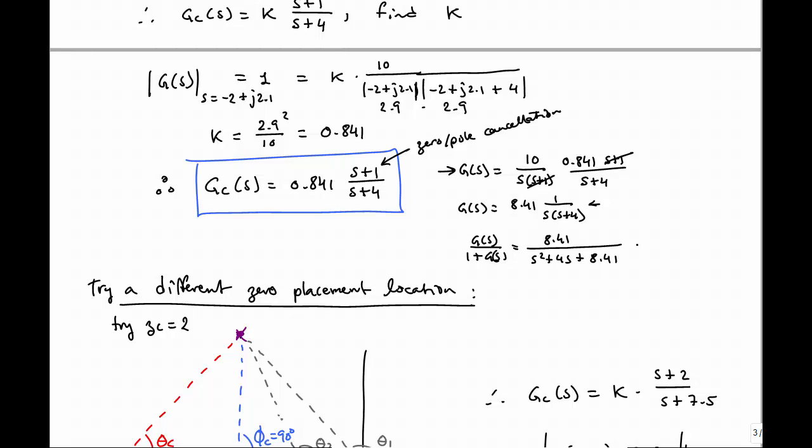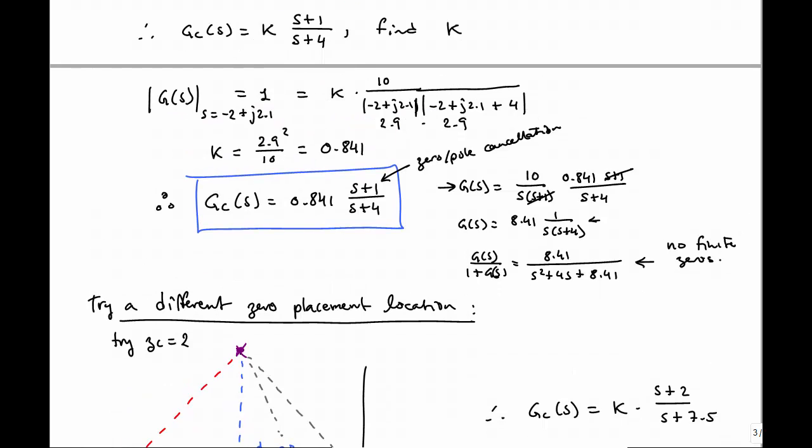And the closed loop transfer function is of this form here. So it's 8.41 over a second order term. Notice no finite zeros.